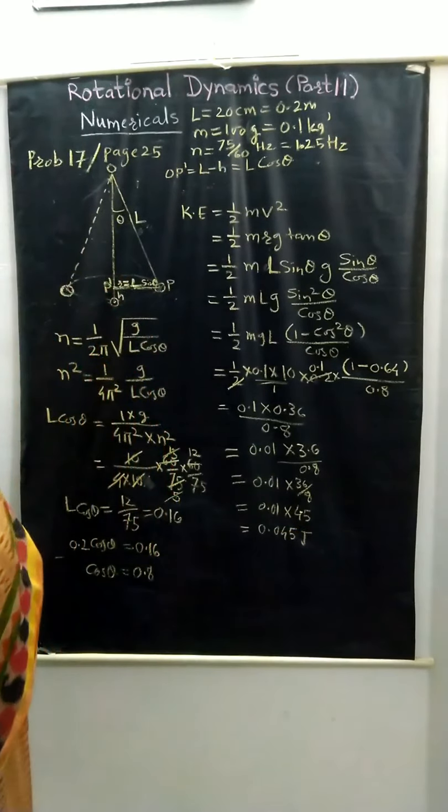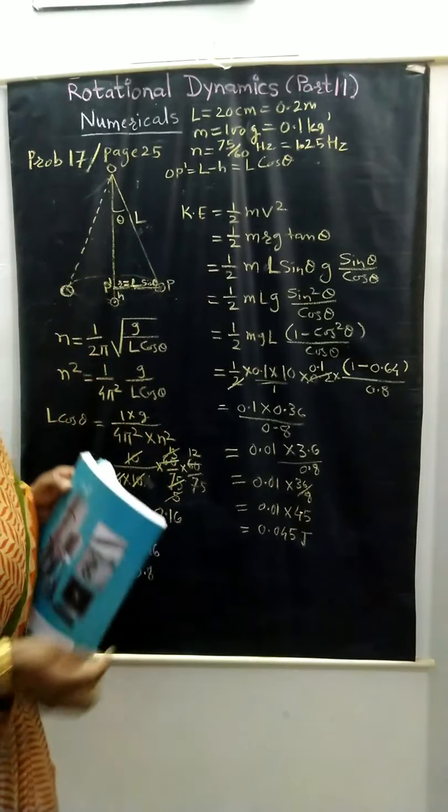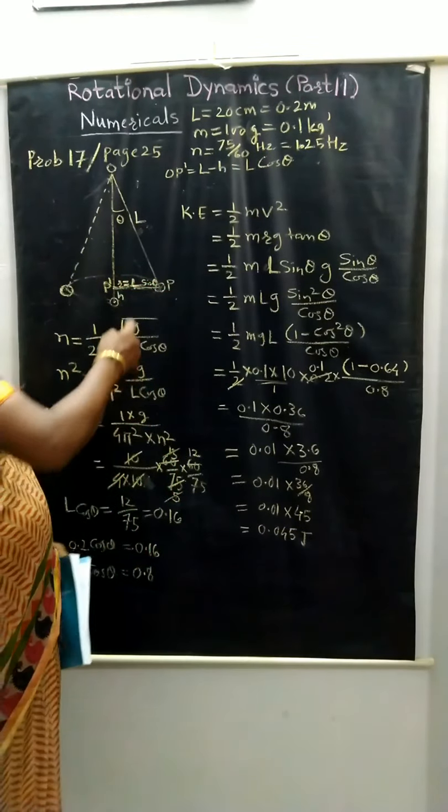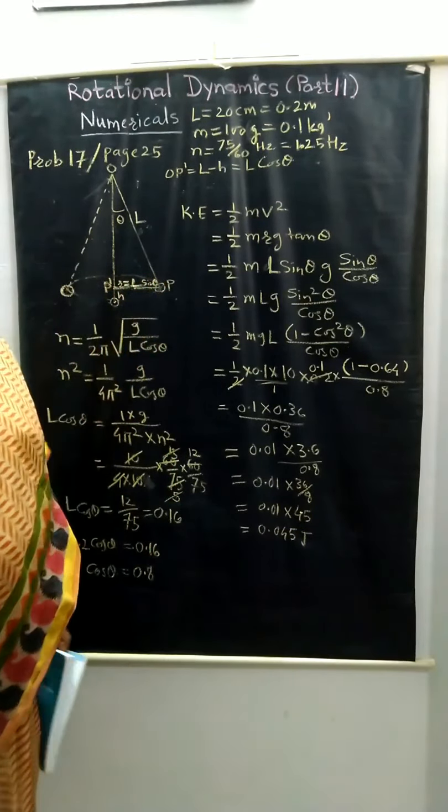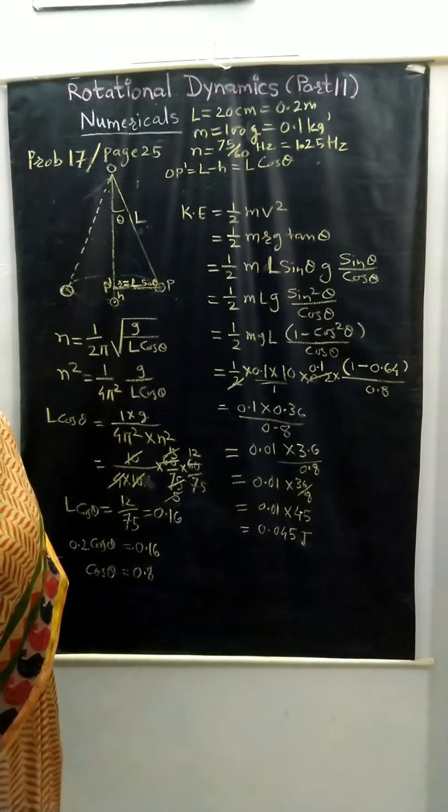So thus we have obtained the kinetic energy of the bob of the conical pendulum.